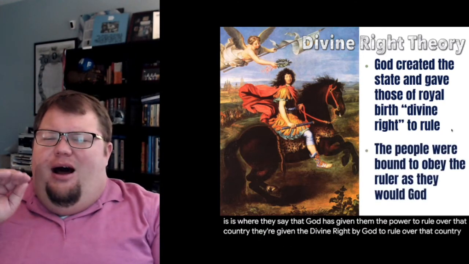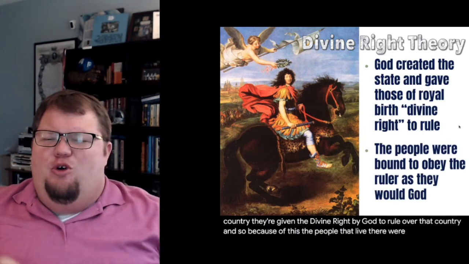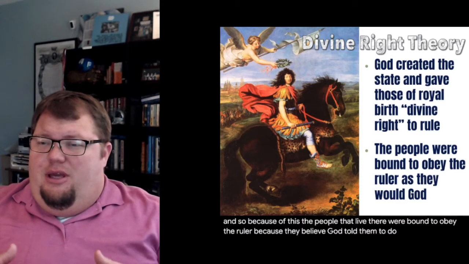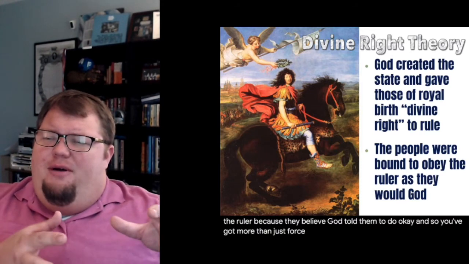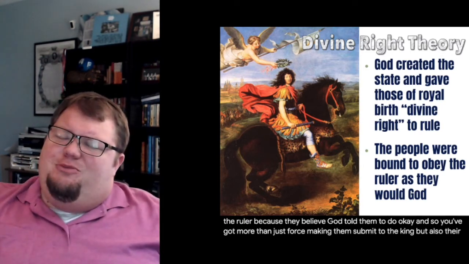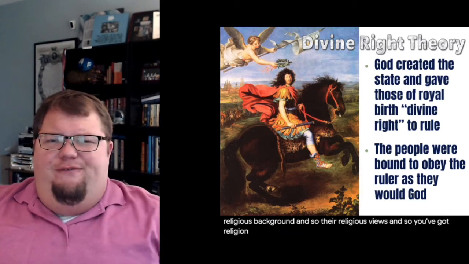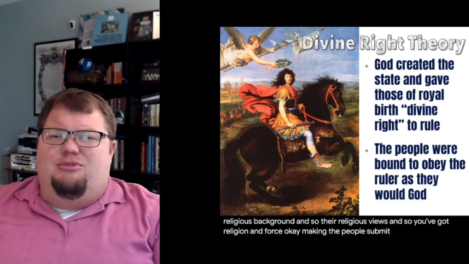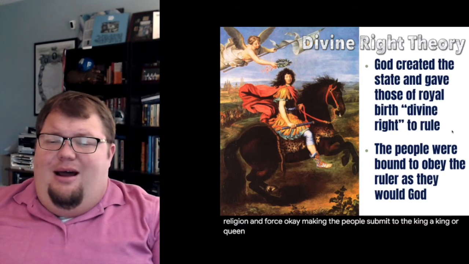And so, because of this, the people that lived there were bound to obey the ruler because they believed God told them to do. Okay? And so you've got more than just force making them submit to the king, but also their religious background and their religious views. And so you've got religion and force, okay, making the people submit to the king, a king or queen at that time.